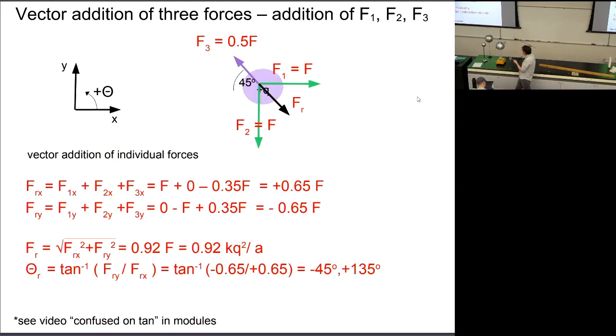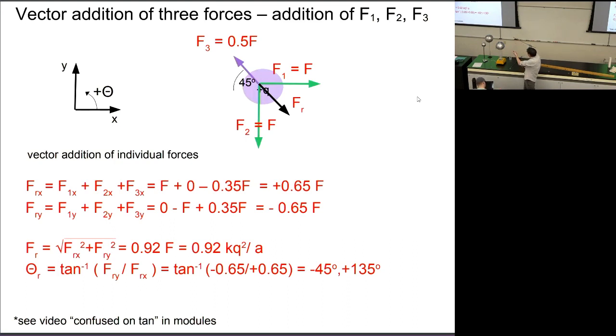To get the resulting force, I just have to add up, for the x component, the three individual x components, and for the y component, the three individual y components. This is just simple addition. So this is where I'm treating the vectors properly. Once you get it in x and y component language, you can add them just like numbers. Be careful of the sign, but you can add them just like numbers.